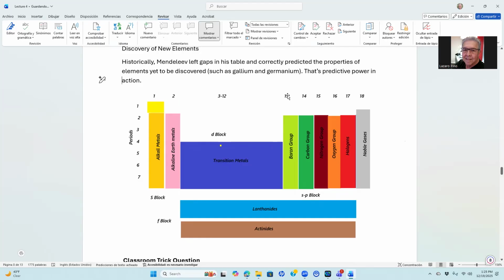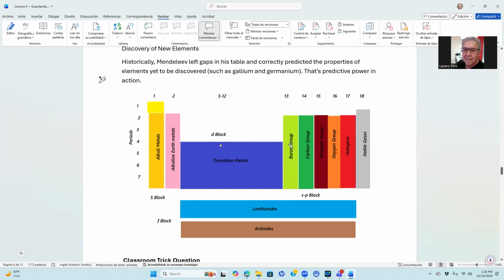Groups 3 to 12 belong to the transition metals that are in the d block. Groups 13, 14, 15, 16, 17, and 18 are what we call the p block.